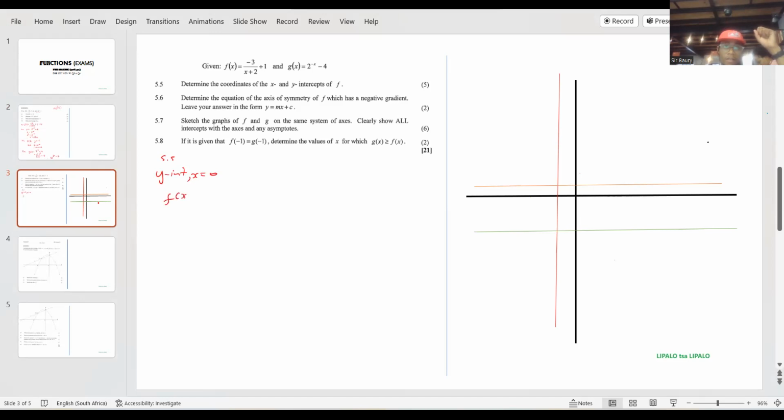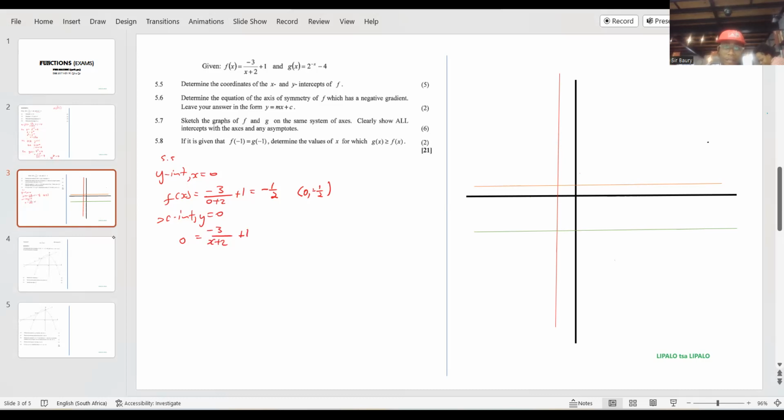So f at x equals 0 is -3 all over 0 plus 2, plus 1, which gives negative 1 over 2. So the y-intercept is (0, -1/2). Then the x-intercept, y equals 0. So 0 is equal to -3 all over x plus 2, plus 1.